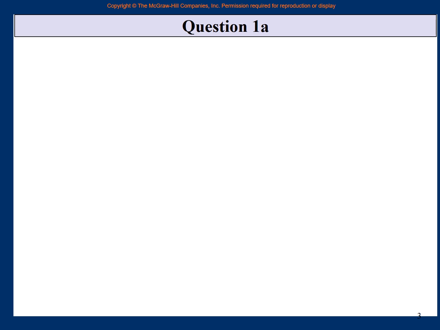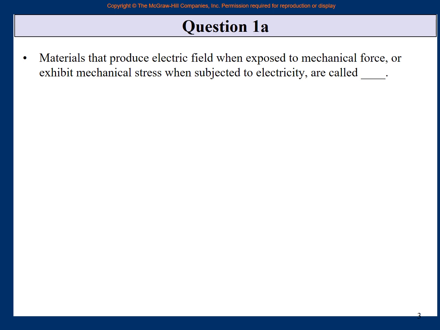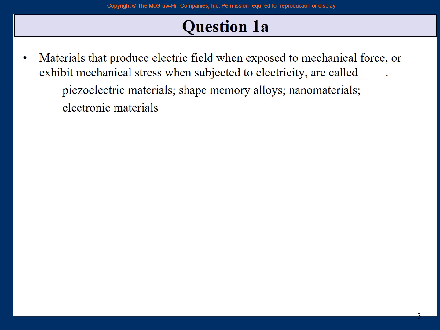So this is question 1A, which means the multiple choice part of the question on quiz 1. So let us see. Materials that produce electric field when exposed to mechanical force or exhibit mechanical stress when subjected to electricity are called piezoelectric materials, shape memory alloys, nanomaterials, electronic materials.